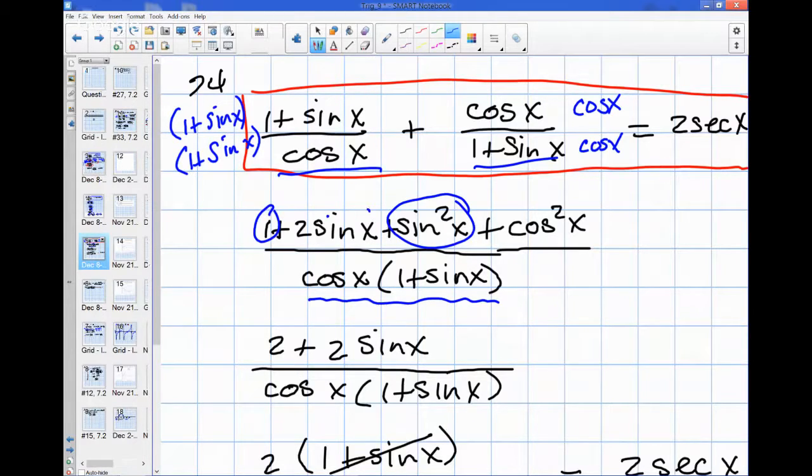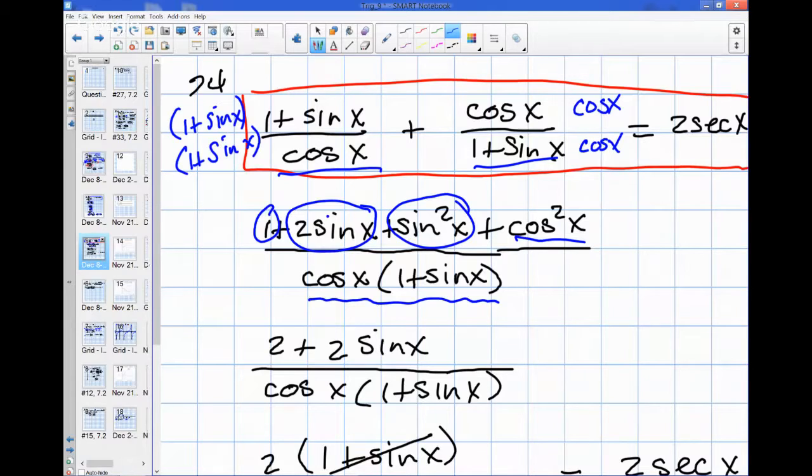It's like x plus y squared is x squared plus y squared, and in the middle you get 2xy. So it's just squaring a binomial. And then on the right side, that's just cosine times cosine, which is cosine squared.